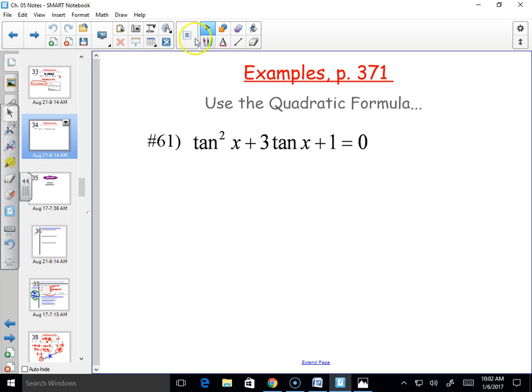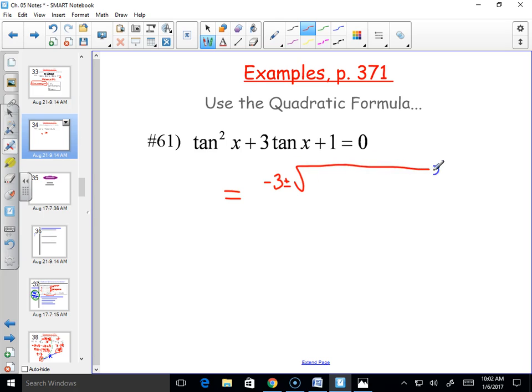Well, quadratic formula, unless you want to complete the square, which you could, says x equals negative b plus or minus, anybody? Square root b squared minus. All right, now we all join in.